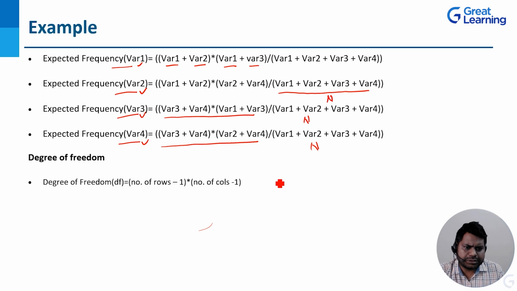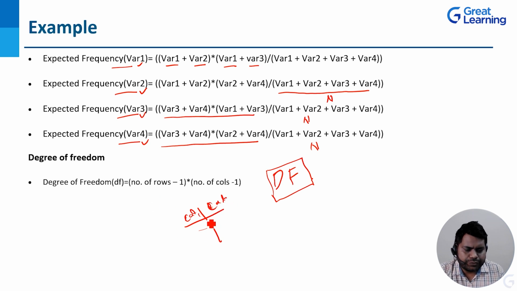Earlier in this video, we discussed degree of freedom. So we discussed that degree of freedom is nothing but the total number of variables required to find the second variable. So in this example, we have two categorical variables, categorical 1, categorical 2.